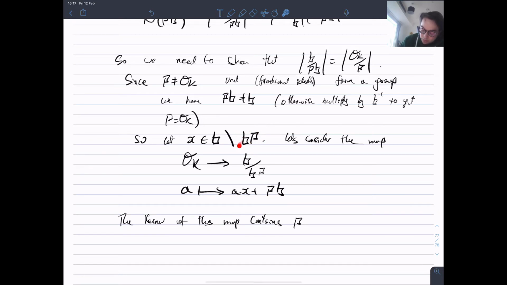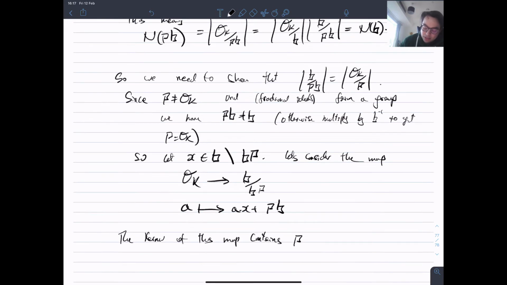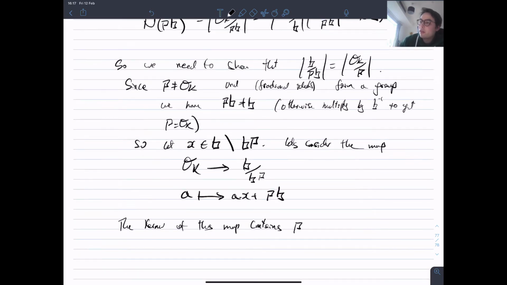So their product would be in bp, so then it would be 0 in this quotient. So anything in p is contained in this kernel, and the map is non-zero by my choice of x, because we have some x that works.